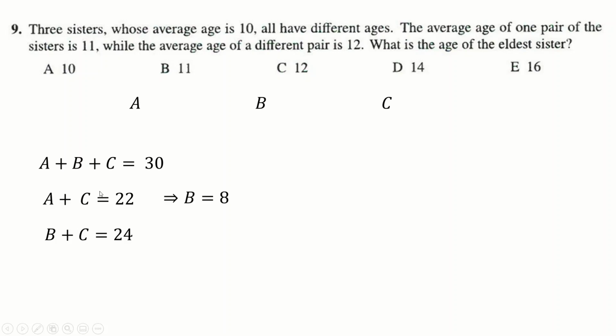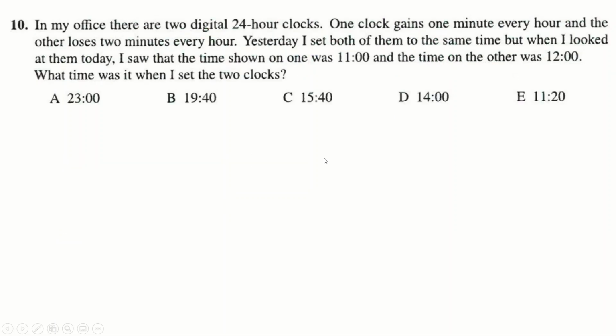If A plus C is 22, then these two make 22, which means B must be 8. To make the top sentence work, you can just take away this one, this sentence, take away this one. If B is 8, then that means C is 16, clearly. You could work out what A is if you want to, but C is the older sister, and she's 16. So the answer is 16, which I don't think I even bothered. Nope. Okay, it's there, 16.